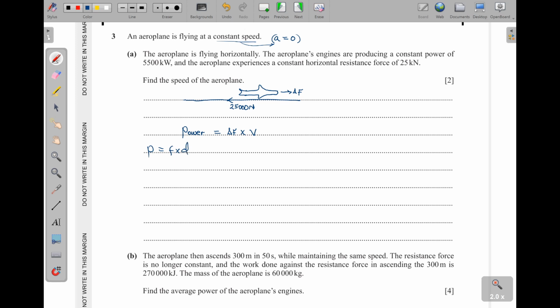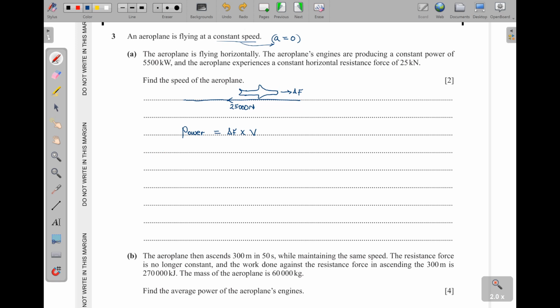Now, rate, that means we shall divide by the time, but distance over time is speed. So that's why we are having the speed here. And this force is now the driving force.